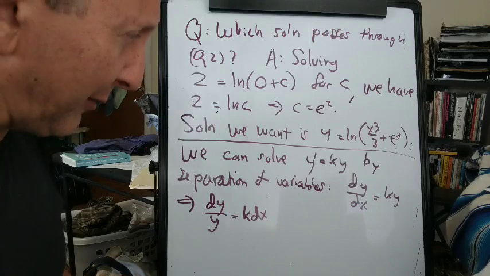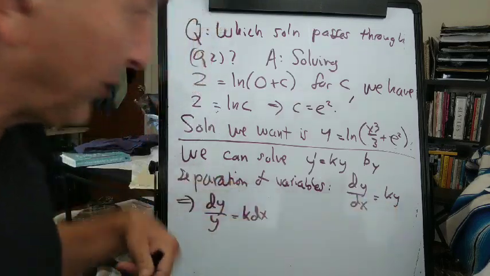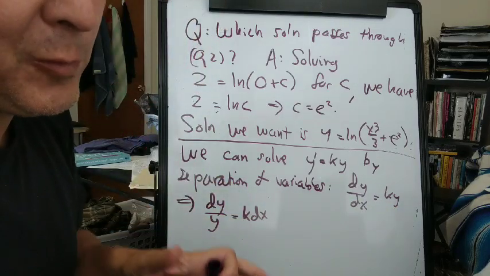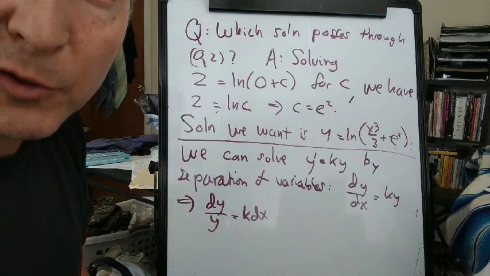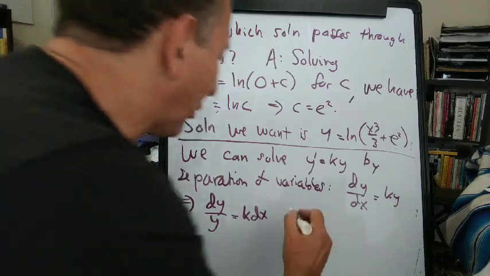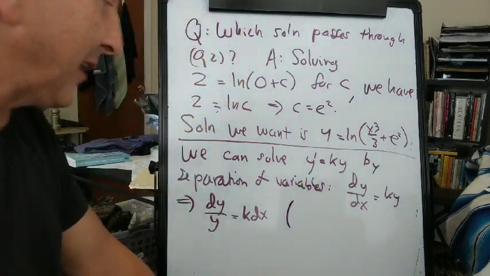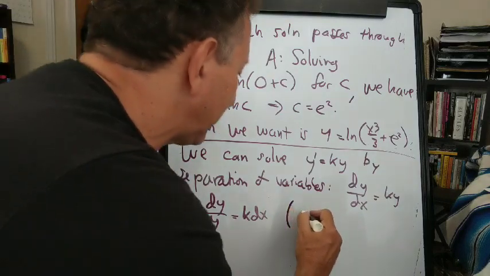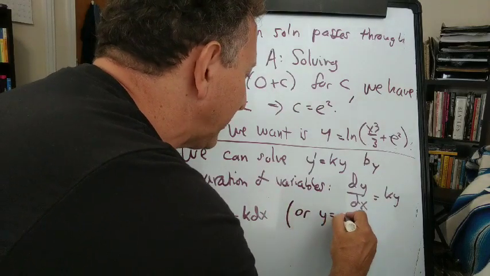And we have to be slightly careful here, because when we divided both sides by y, we're accidentally throwing out the possibility that y could be 0. So when I divide by something, I like to remind myself in parentheses, or y could have been 0.